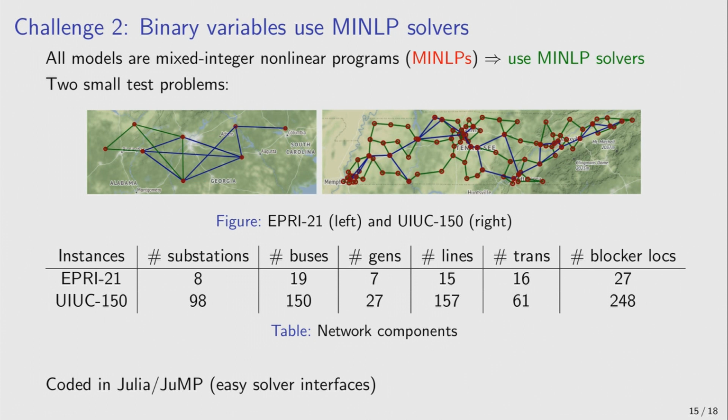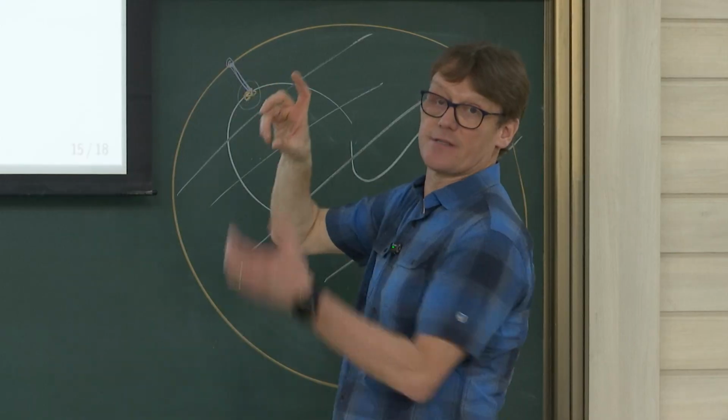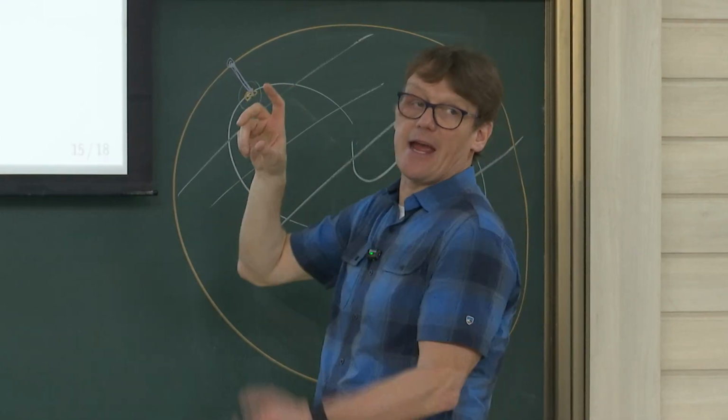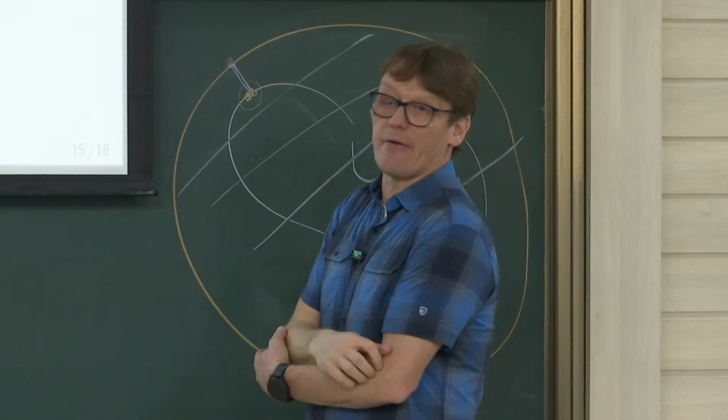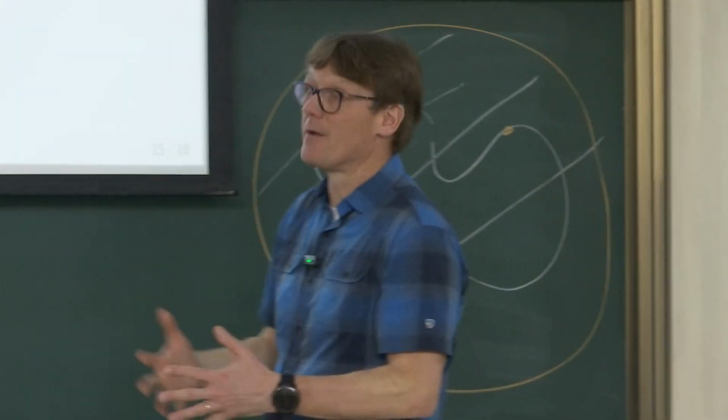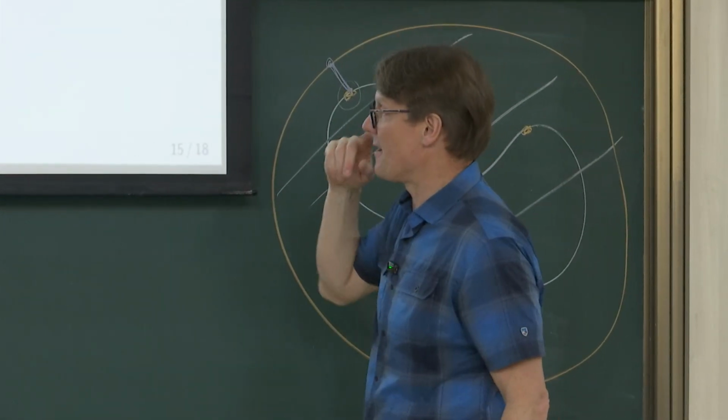There are the blocker locations. The question here is, at which point in the network do I place my blockers? I have binary variables that place these blockers. These blockers are basically grounding stations or transformers that take care of any geomagnetic induced currents. But they're very expensive, so you don't want to have too many of them.